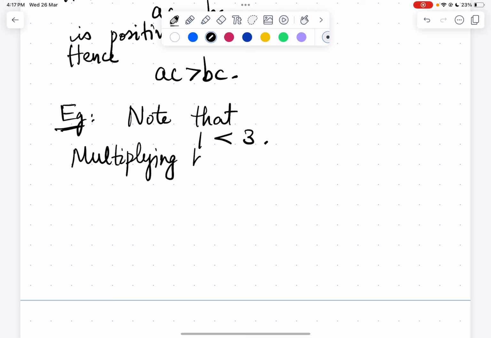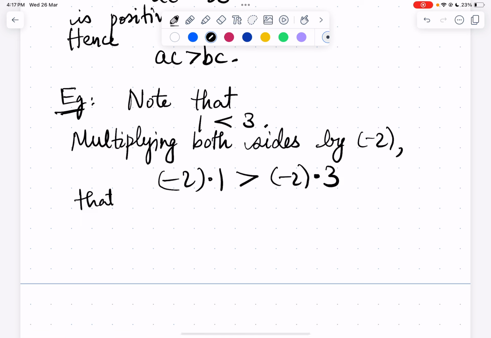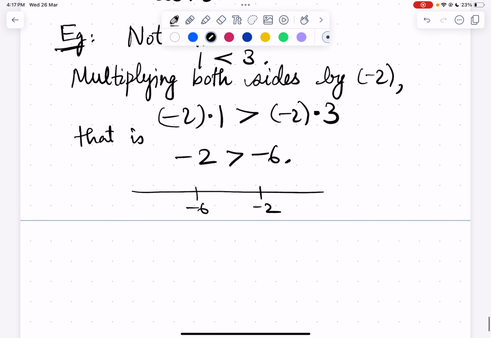Multiplying both sides by -2, we get -2 times 1 is greater than -2 times 3. So note that we have flipped the direction of the inequality. -2 times 1 is -2 and -2 times 3 is -6. Indeed, we can see that -2 will be somewhere to the right of -6. Hence -2 is greater than -6.